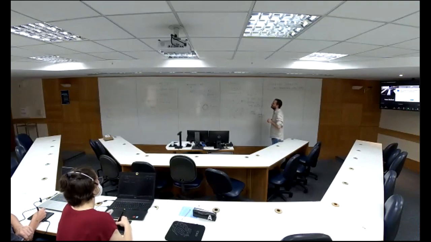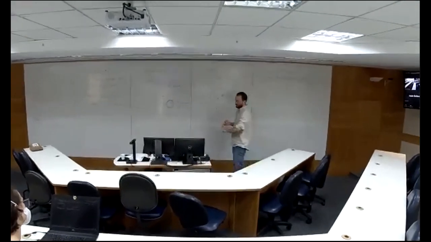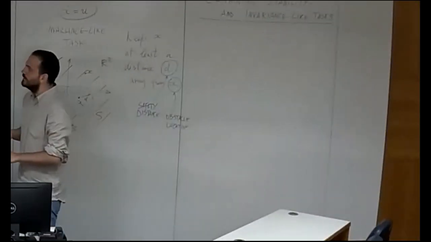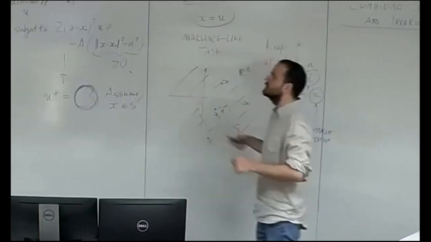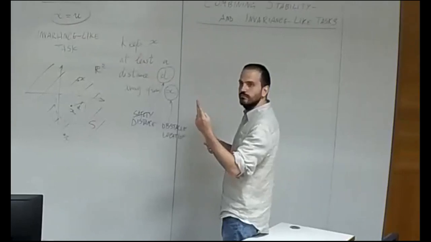How do we combine the tasks? Since both the stability line and the invariance line are expressed as constraints, the easiest thing we can do is just enforce two constraints.